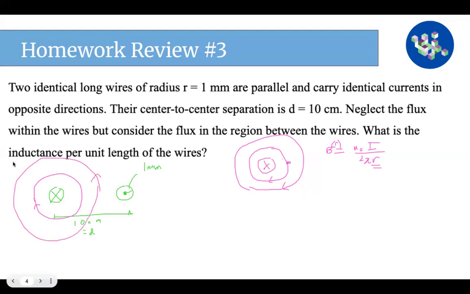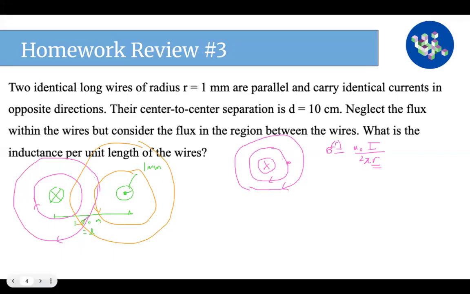And what about for the wire on the right? Now the current's going in a different direction, it's coming out of the screen. So you know that the magnetic field lines would look something like this, going the other way.